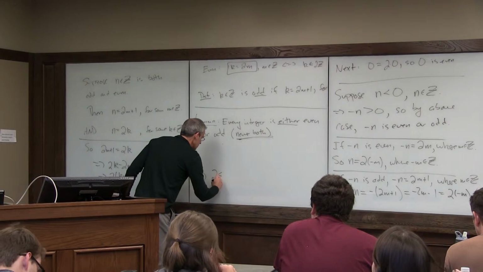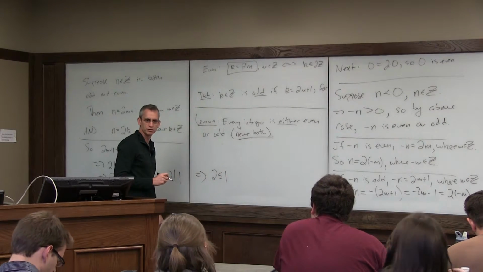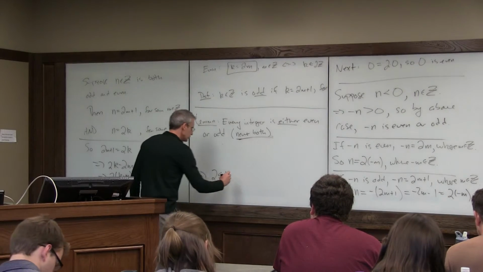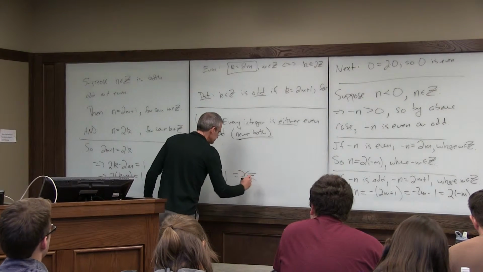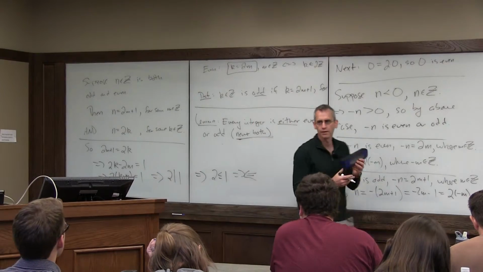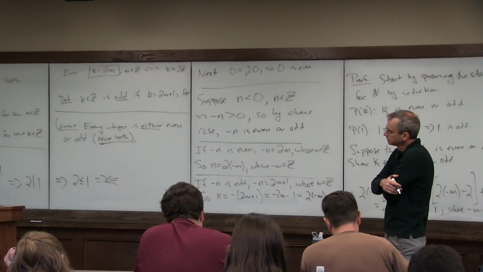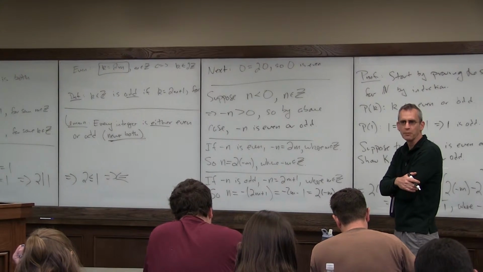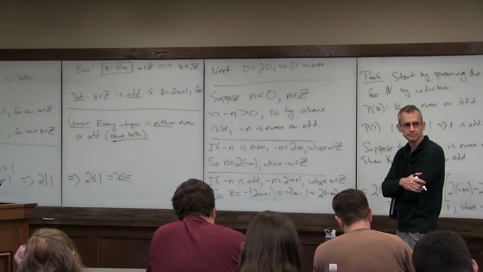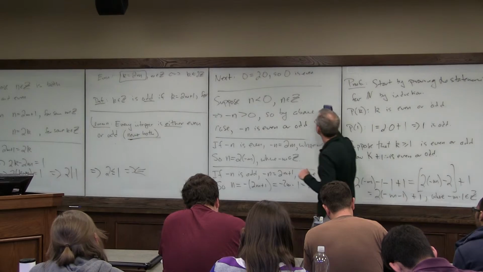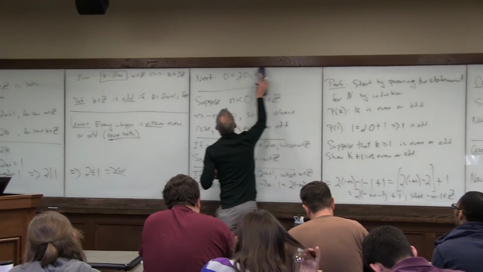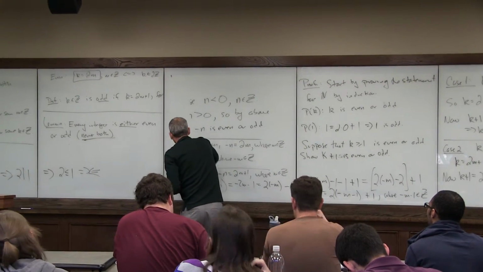Yeah, 2 is less than or equal to 1, and we have proved that, right? Which is a contradiction. So they can't be both. Questions about that?